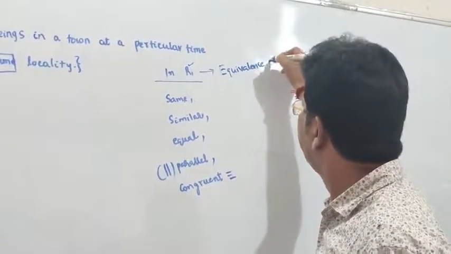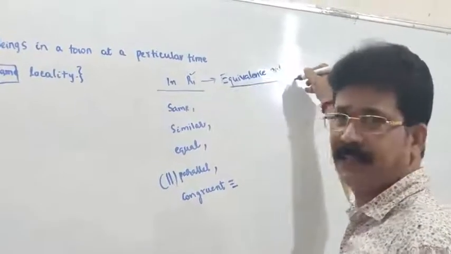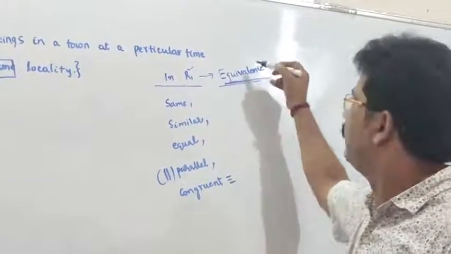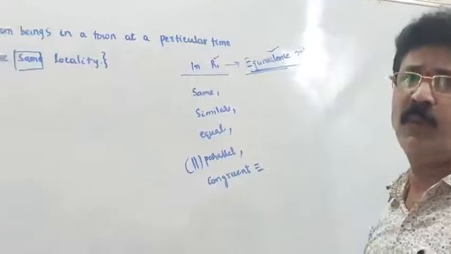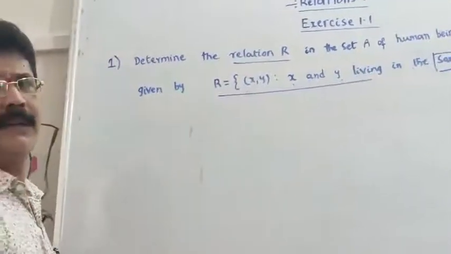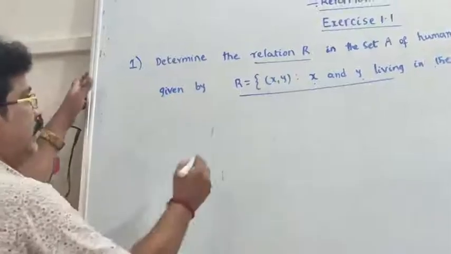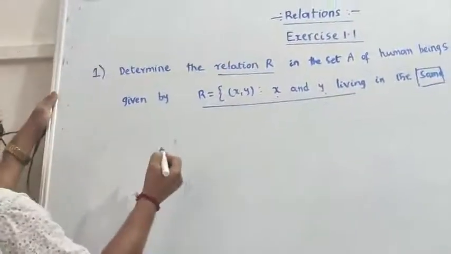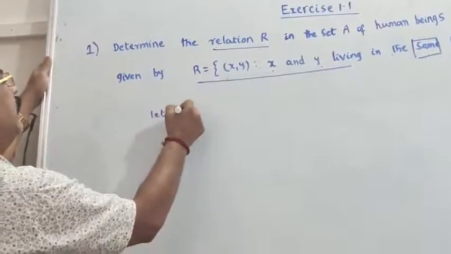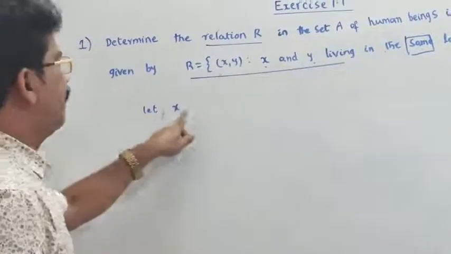This is the shortcut. Bluntly, you can write equivalence relation in any competitive examination. Okay, come to the solution. In board level, we have to write all the steps. Capital R is living in the same locality. Here, letter X means one person.